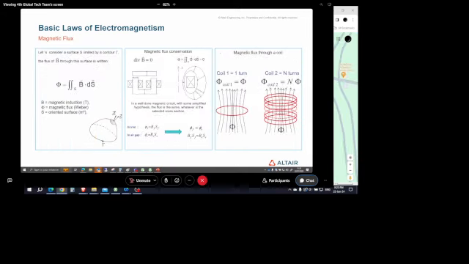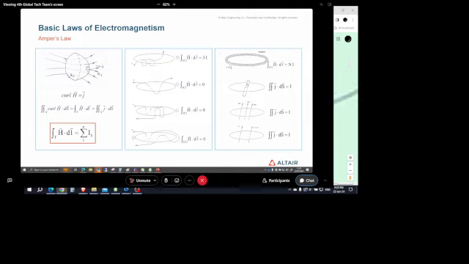Then we start to go more and more on phenomena that we need to understand the rotating machine. Here we are going to talk about Ampere's law. Why? Because this Ampere's law will help us to build later on what we call the magnetomotive force on the coil.